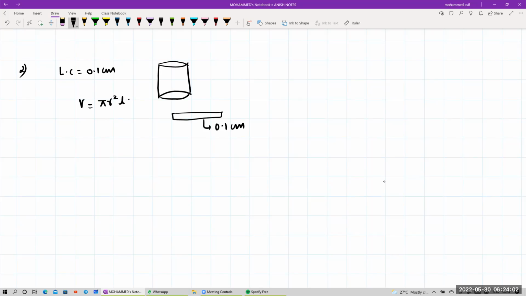Its diameter is measured with the vernier calipers, with least count 0.01 centimeter. Original length is given as 5.0 centimeter and original radius is given as 2.0 centimeter. The percentage error in the calculated value of the volume will be equal to how much?